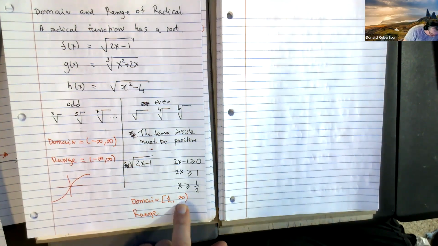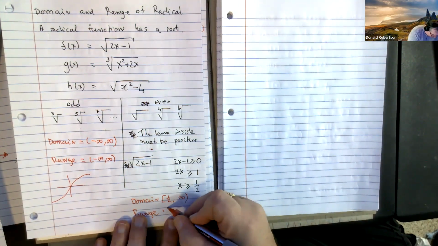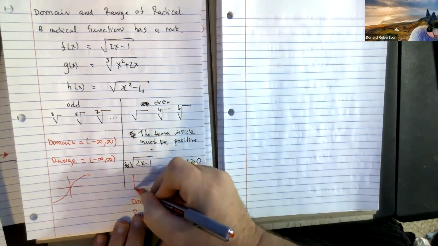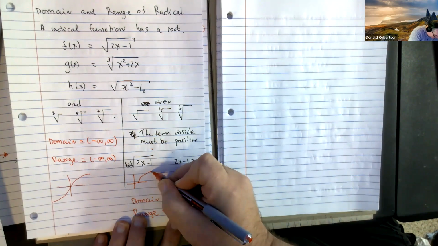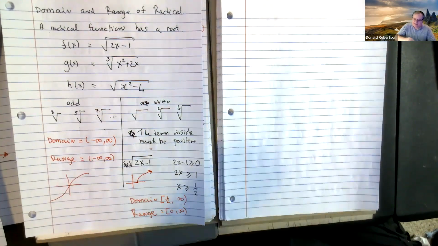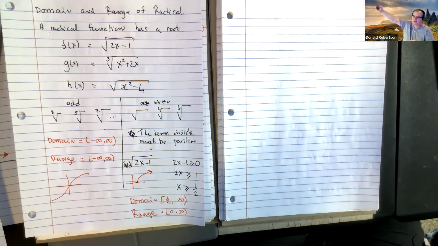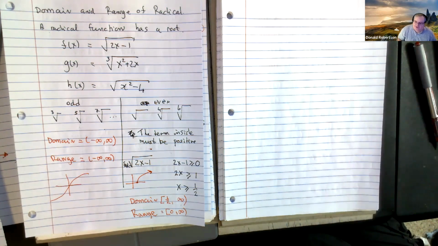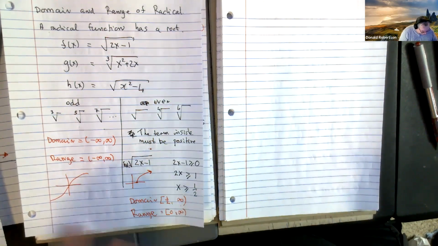On the other hand, when you do this one, the range ends up being 0 to infinity, because when you do a little sketch of it, it looks like that. It kind of starts at 0 and then it climbs upwards. So range is almost always going to be, just plug it into Desmos and see what you get. The domain, on the other hand, you really should be able to do algebra.